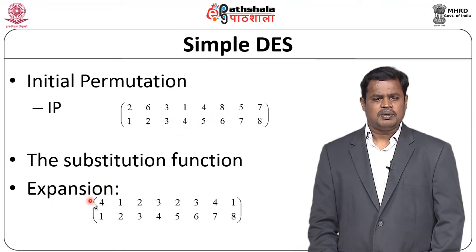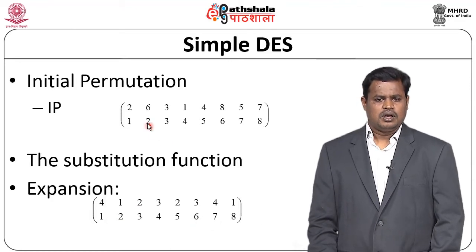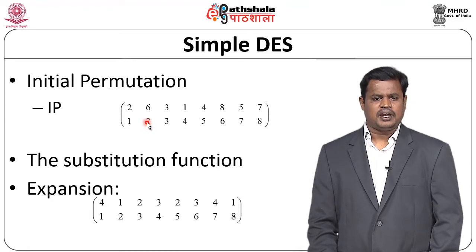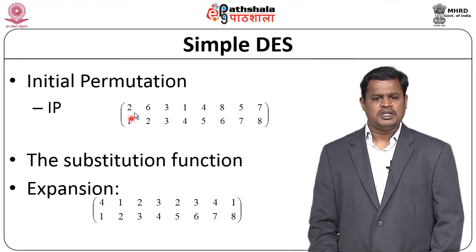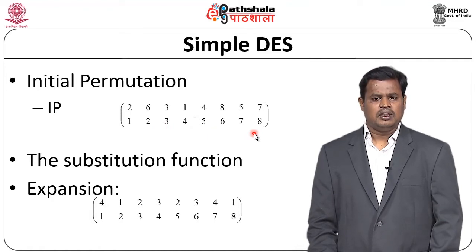But in the expansion table, where you can see 4 1 2 3, 4 1 2 3, only 4 bits are going to be rearranged, and from these 4 bits we are able to generate 8 bits, which is nothing but the expansion. So in the case of the initial permutation I am taking 8 bits, and they are rearranged as given according to the table.